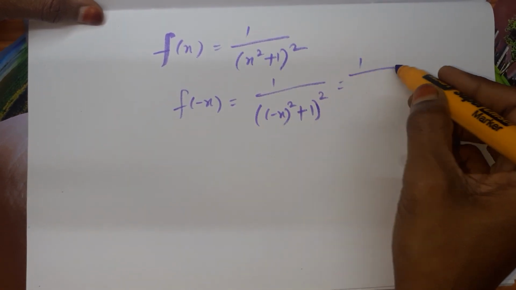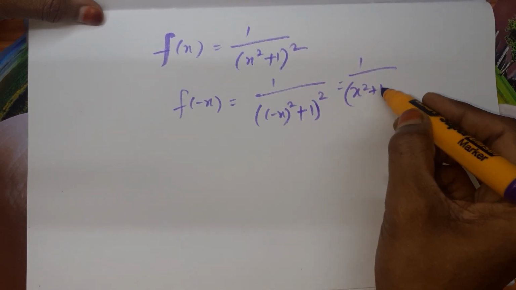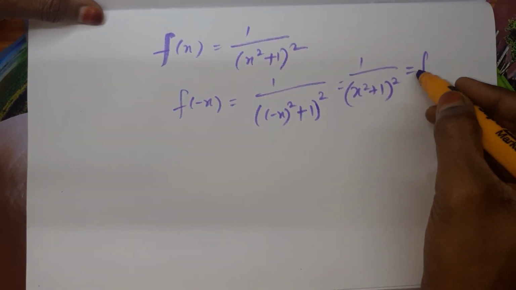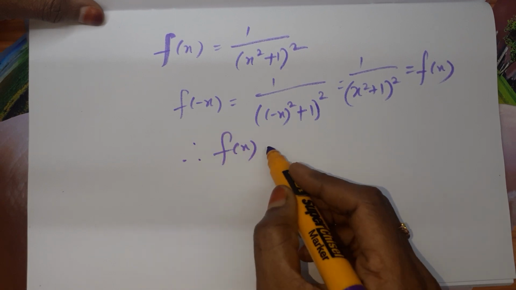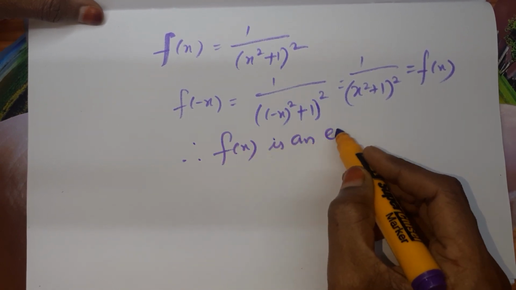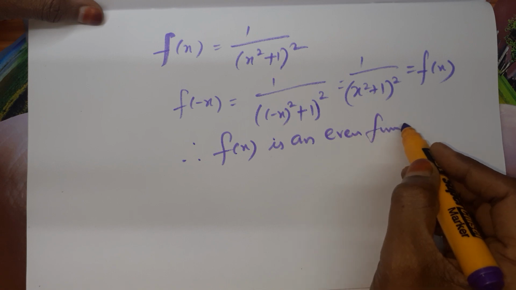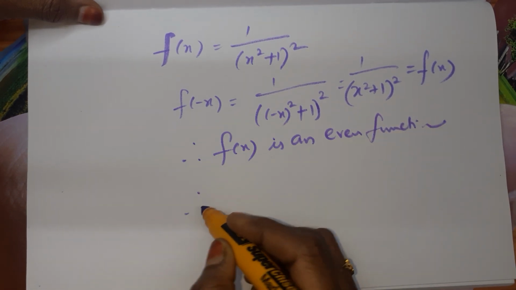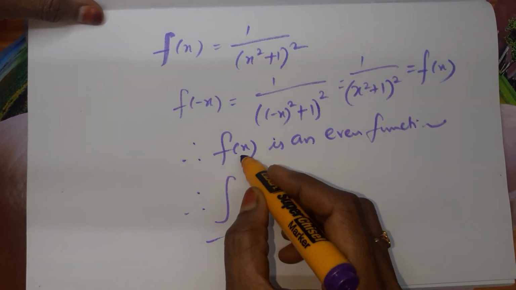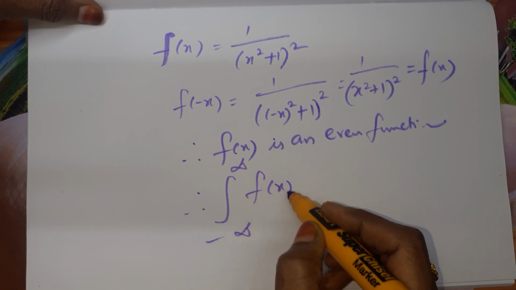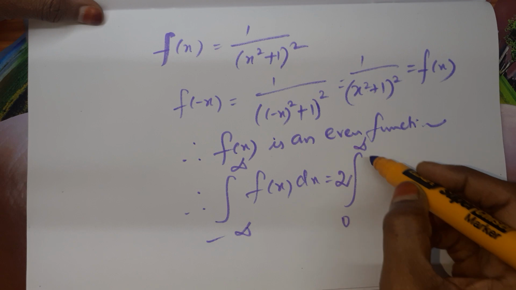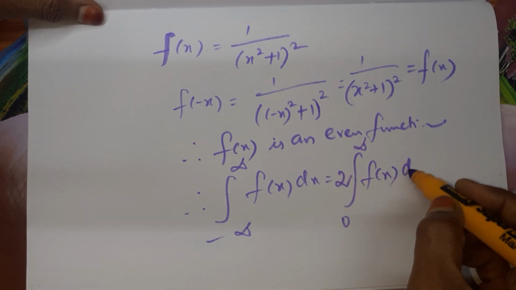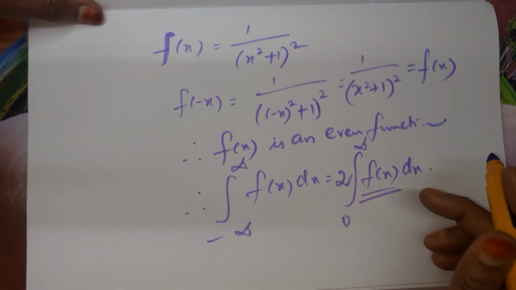Minus x the whole squared is x squared, so we get x squared plus 1 the whole squared, which is the same f of x. Therefore, f of x is an even function, right? Therefore, minus infinity to plus infinity f of x dx can be written as twice integral 0 to infinity f of x dx, since f of x is an even function.